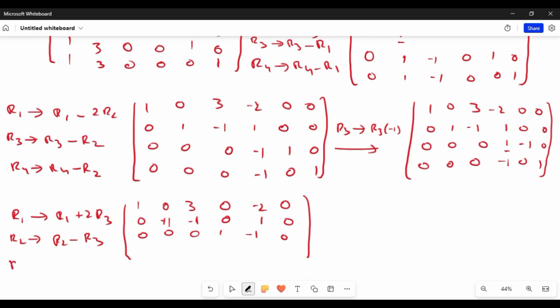Finally, row 4 plus row 3, just add: 0, 0, 0, 4 zeros and minus 1, 1.